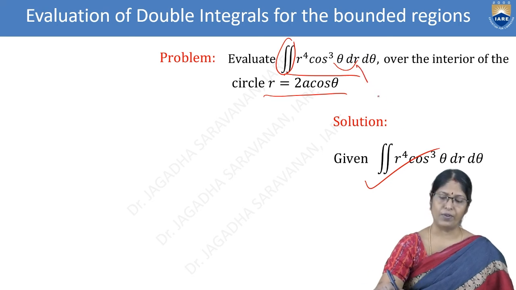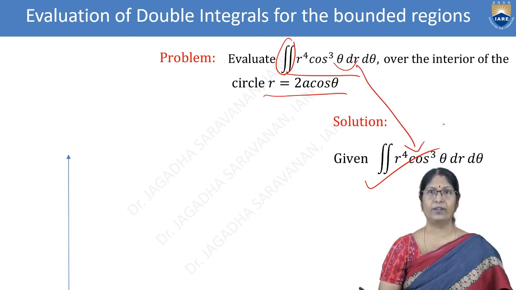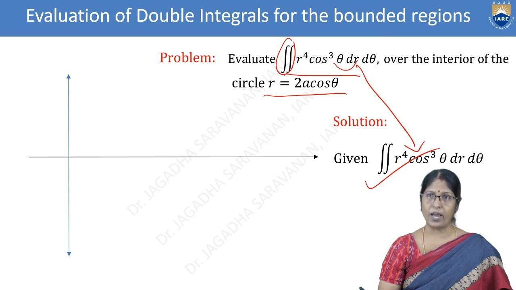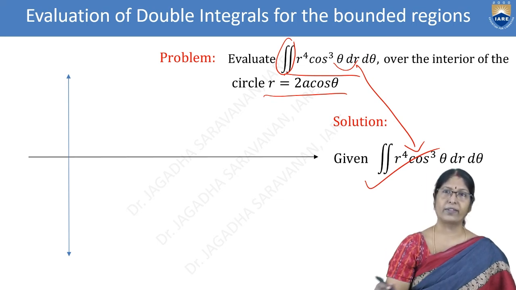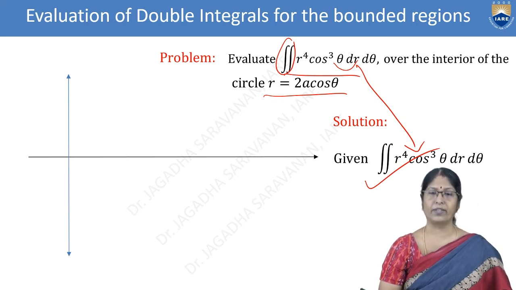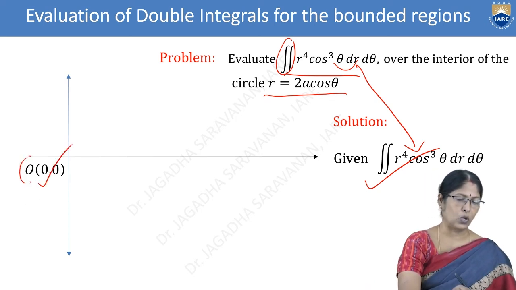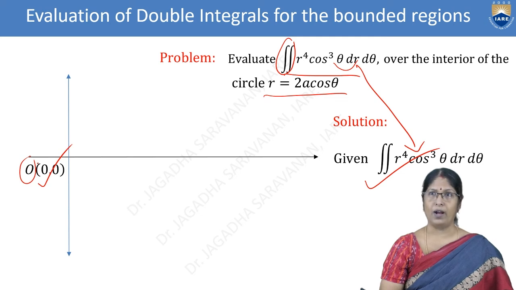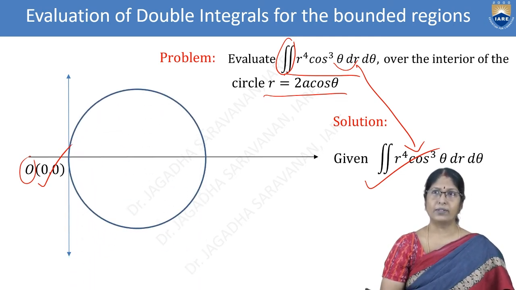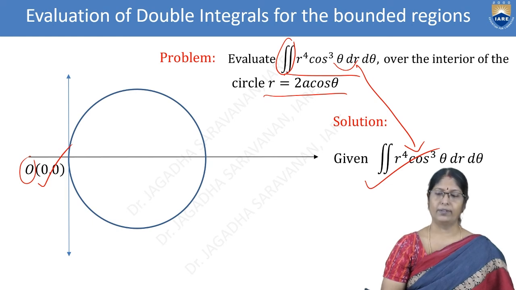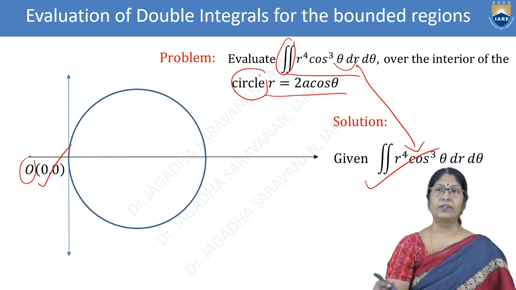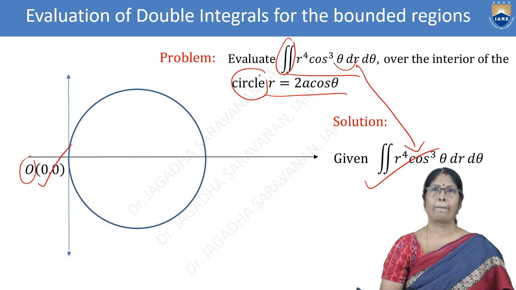Given, we have just written the question once again. As it is 2-dimensional, we have taken the x-axis and y-axis. This origin is named as O. The coordinates are 0, 0. The circle, here it is given, over the interior of the circle.